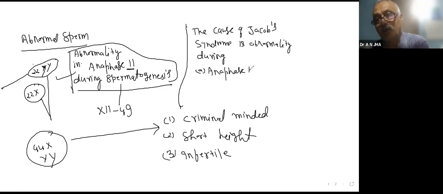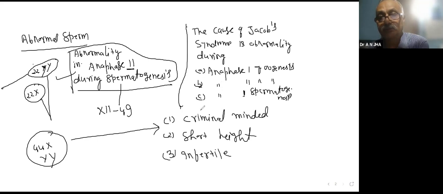in phase 1 of oogenesis, that is egg formation, in phase 2 of oogenesis, in phase 1 of spermatogenesis, and in phase 2 of spermatogenesis.